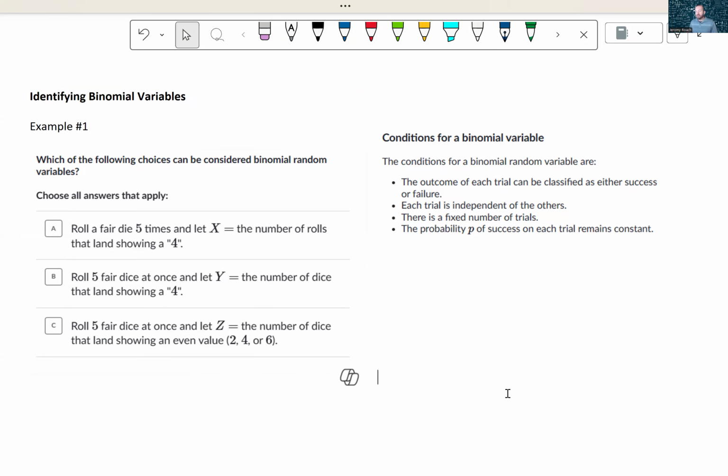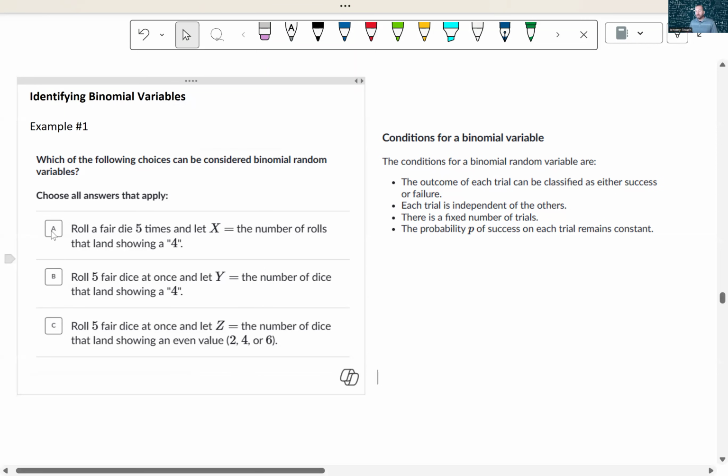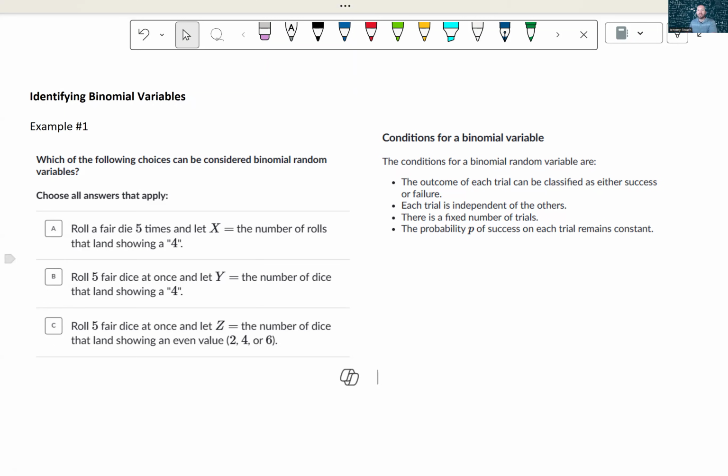So if we're given a probability, it has to be constant, or if, like in this example, it's talking about rolling a die, the probability would be constant, even though it doesn't specifically tell us what the probability is. It would be constant if we're rolling a fair die. That would have the same probability. Okay, so let's take a look at some of these now.